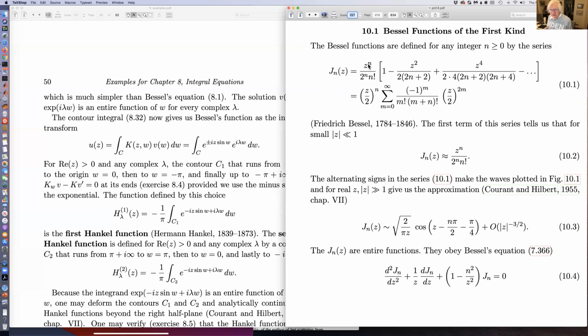For small z, the first term is the dominant term. Notice that these converge very well for small z because you have z squared, z to the fourth, and so forth. Moreover, you've got 2n plus 2, 2n plus 2, 2n plus 4.